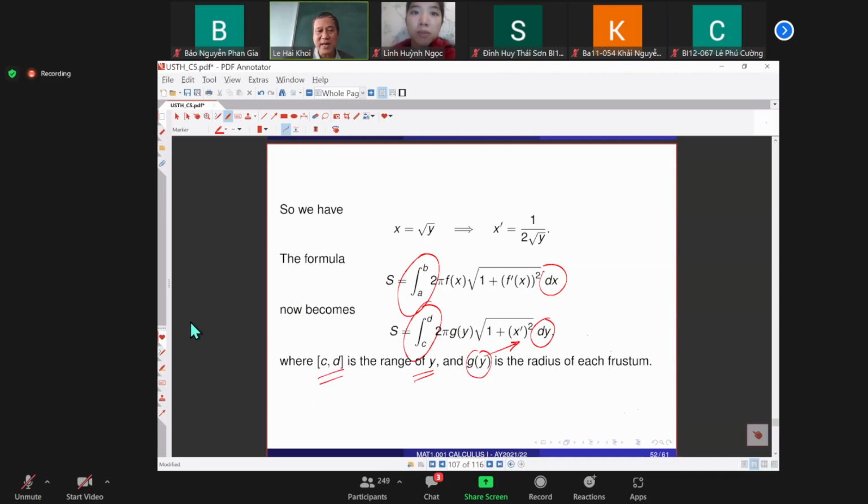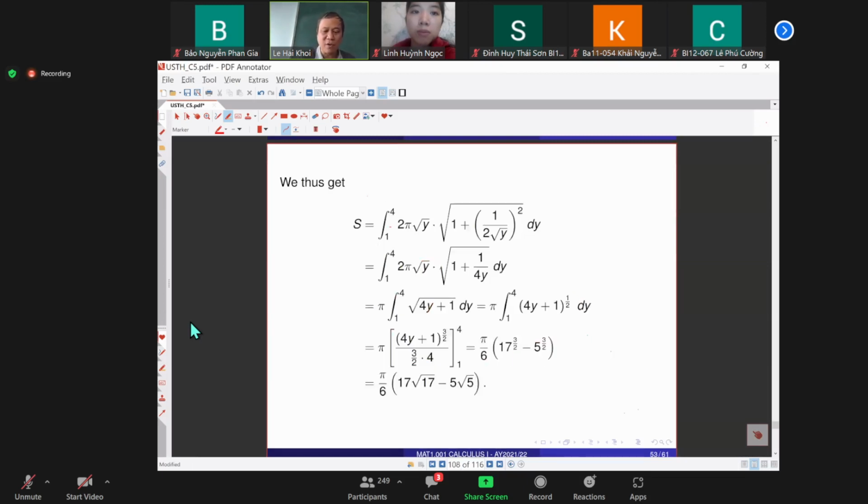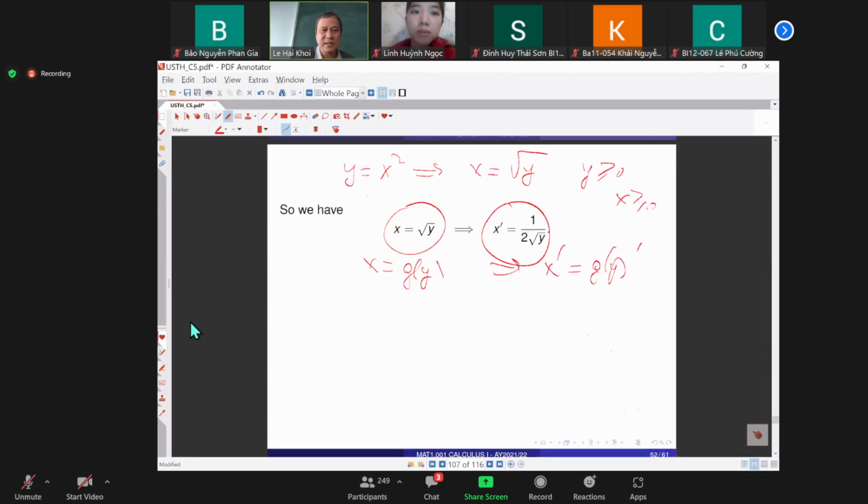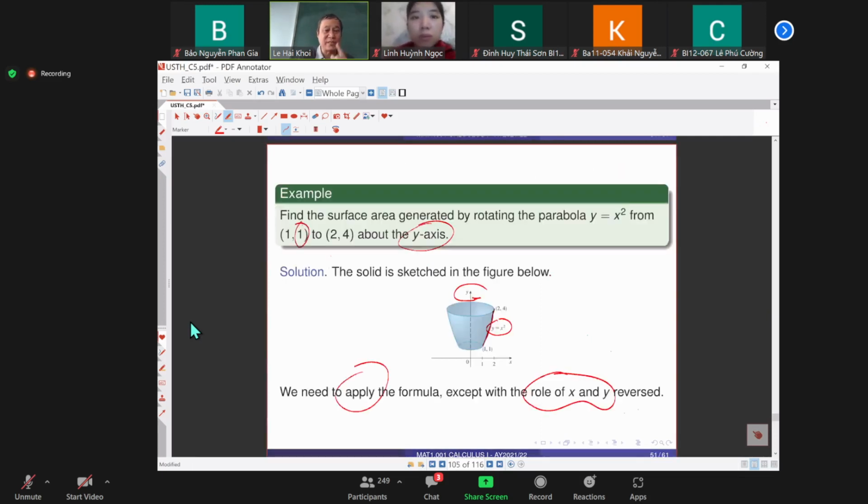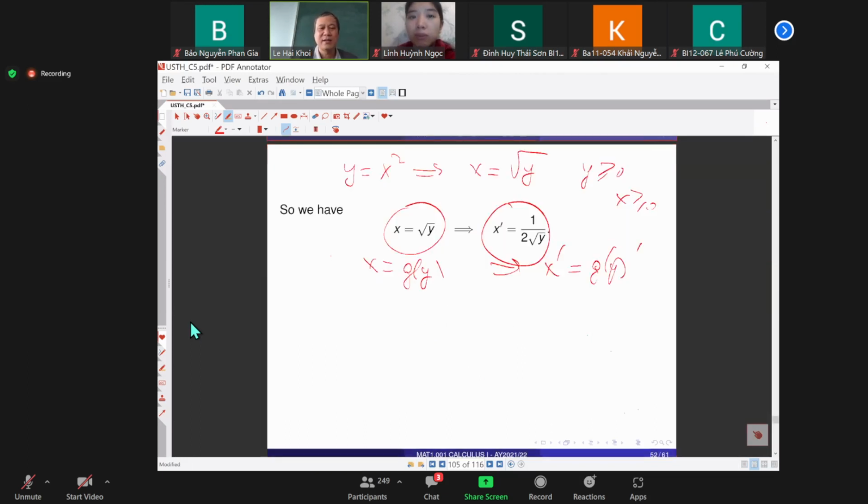See, they are different in role, and do not confuse them, right? So y from 1 to 4, but x from 1 to 2, they are different. Pay attention, that's why you lose marks, right?